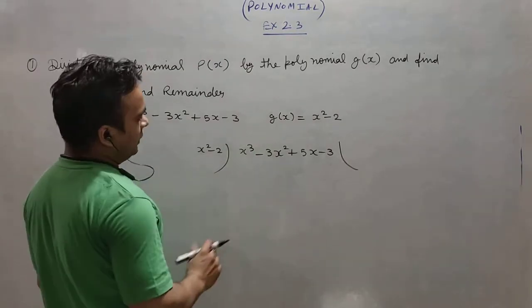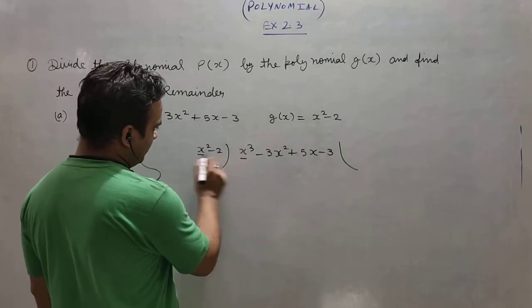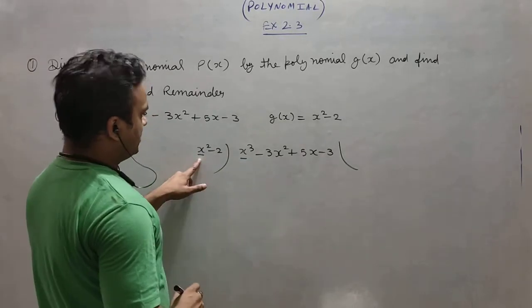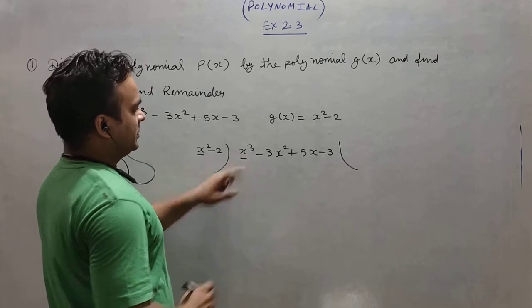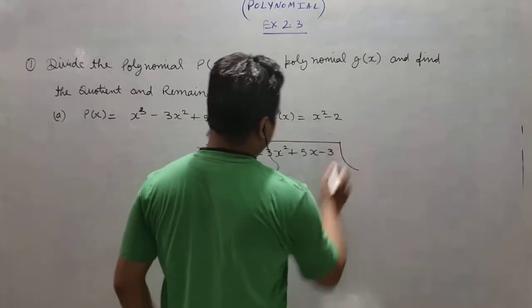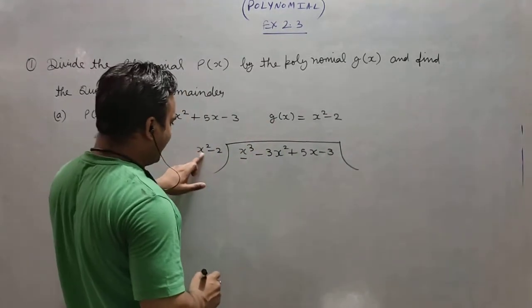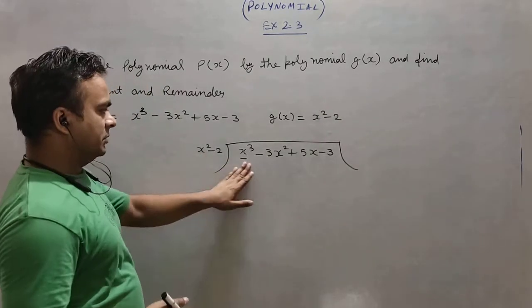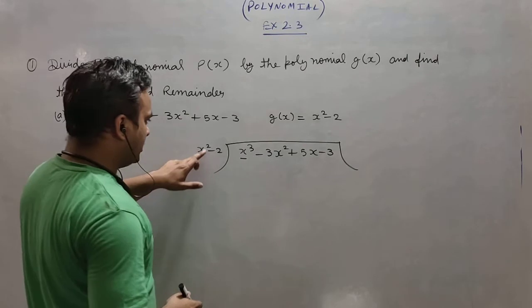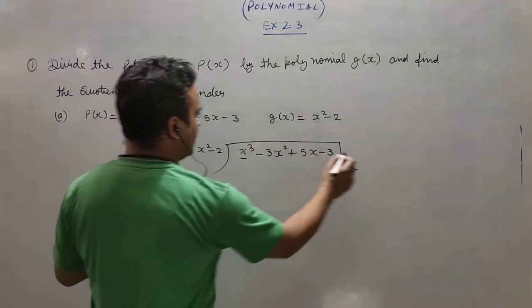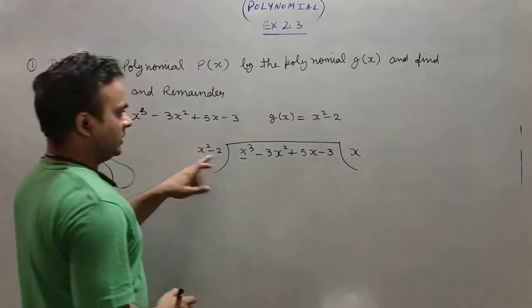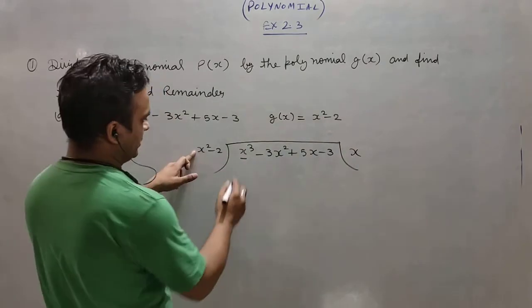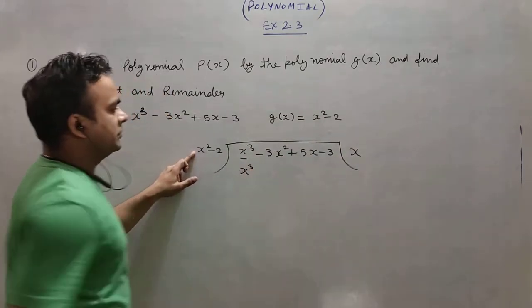So we will see the first term of both. Here it is x square, and here it is x cube. The question is what we have to multiply with x square to make x cube. There is already a square here, so if I multiply by 1x, I will get x cube, right?